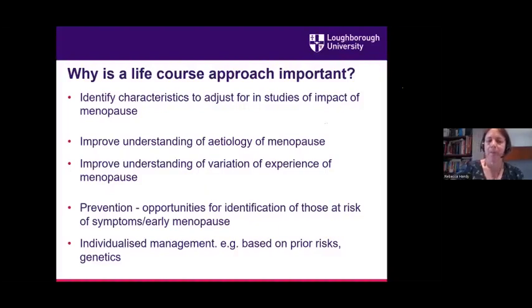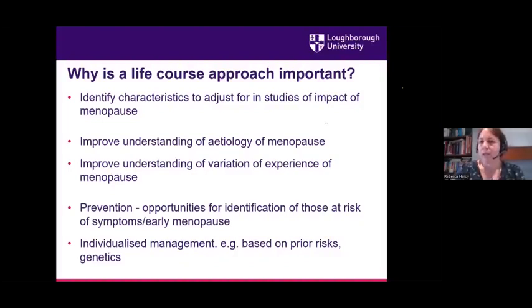Now, I talked about this problem that all evidence and recommendations are based on risks and averages. Well, perhaps the life course approach can also help us to think about individualized management of menopause. There's a lot of interest at the moment in medicine about precision medicine, for example basing medication and treatments on genetic risk or prior risk.